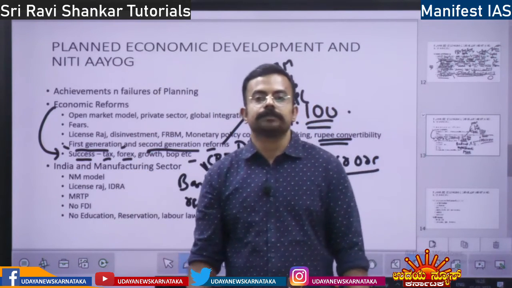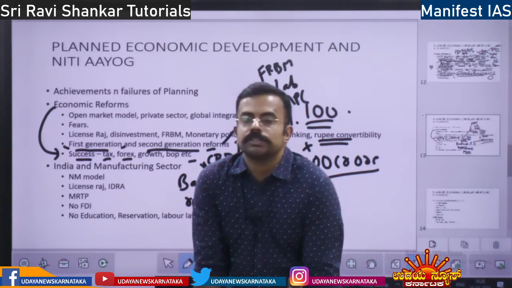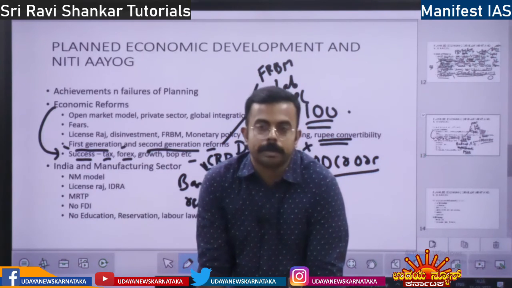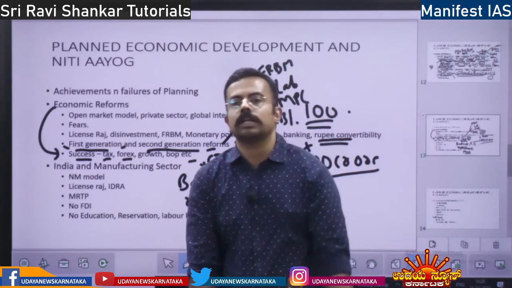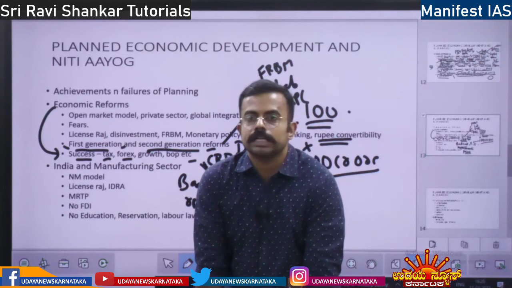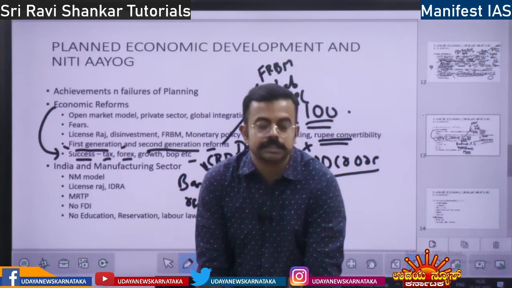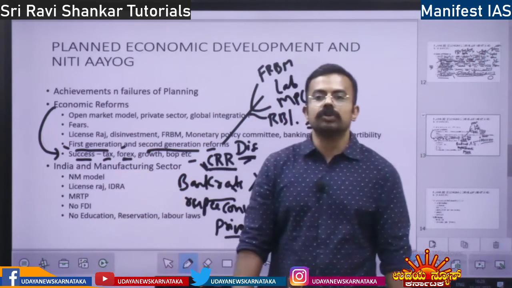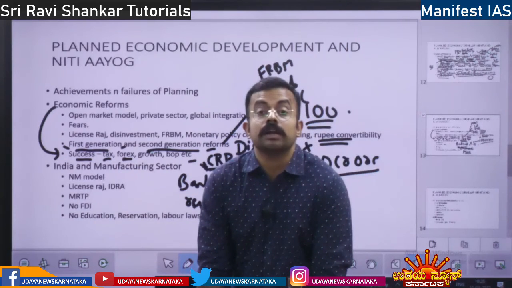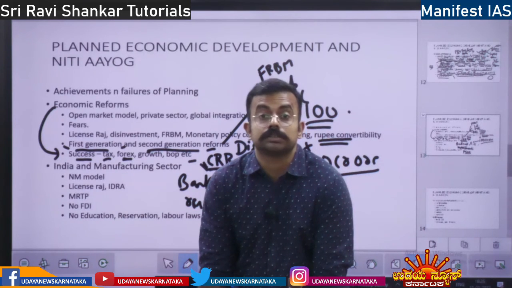Earlier, during the 1991 balance of payment crisis, India's foreign exchange was only $1 or $2 billion, foreign currency in Indian banks and the Reserve Bank of India. Whereas later on, forex increased to around $700 billion today.